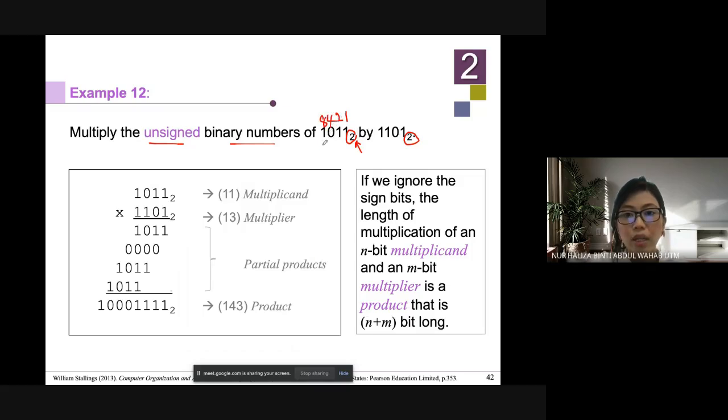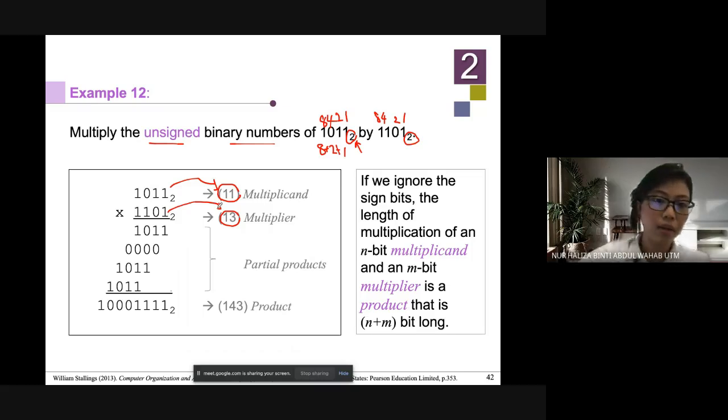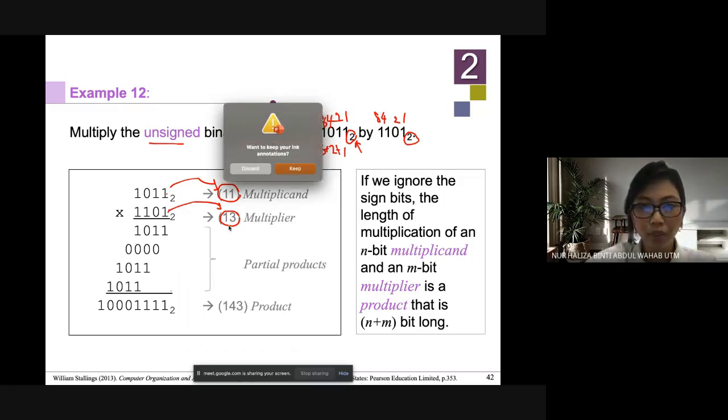So from here you get 8 plus 2 plus 1, you get 11. Here you get 8 plus 4, 12, plus 1. So you get 13. See, this one is binary number. Then this one is decimal. So you multiply. The multiplication operation is still the same. You can see over here 1 multiply 1. Wait, let me take the table next to it so that you can see.